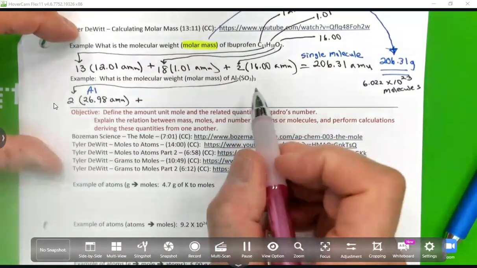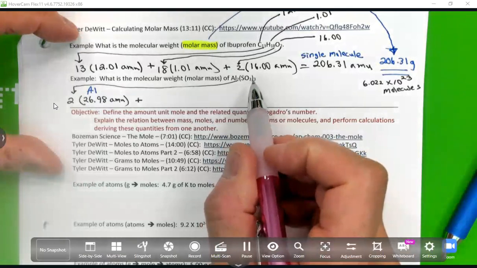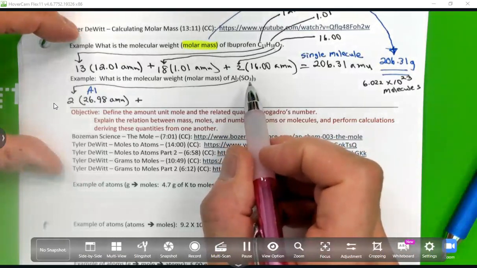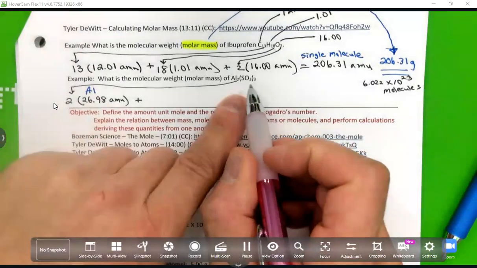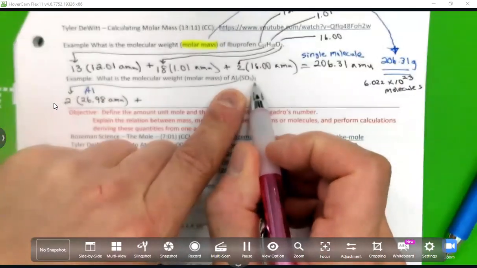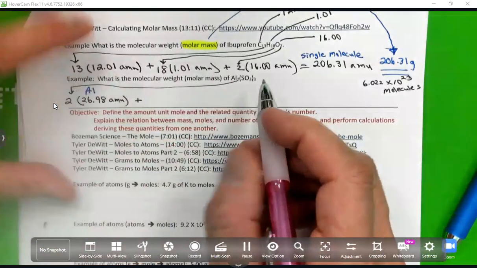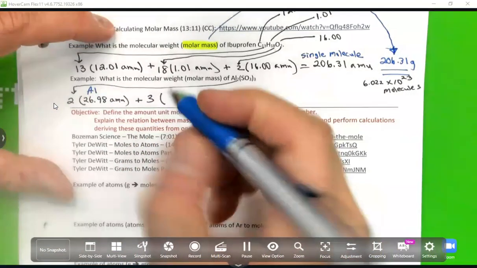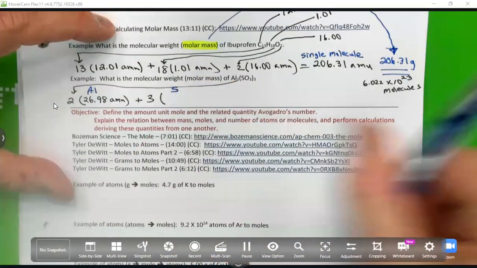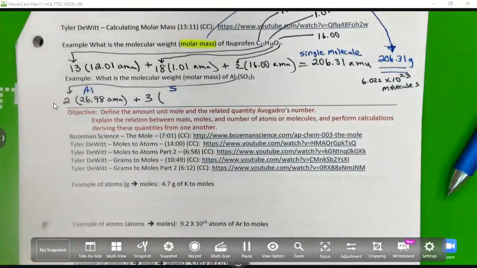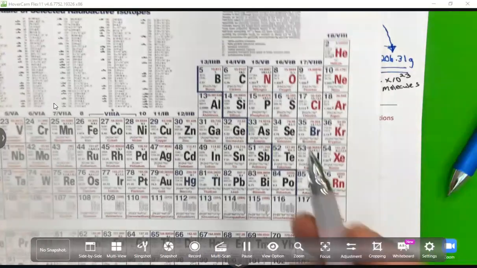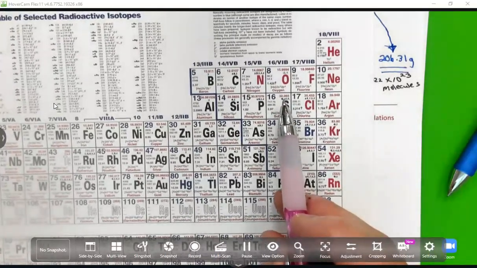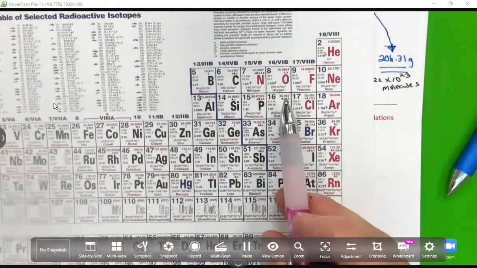Plus, how many sulfur? This would give us 3 sulfurs, right? 3 sulfurs because we have 3 sulfites. We have SO3 3 times. 3 sulfurs. 32.065. So if we do 2 decimal places, we'll do 32.07.